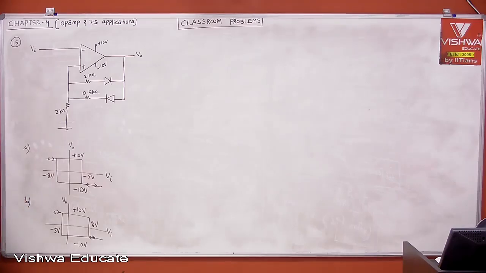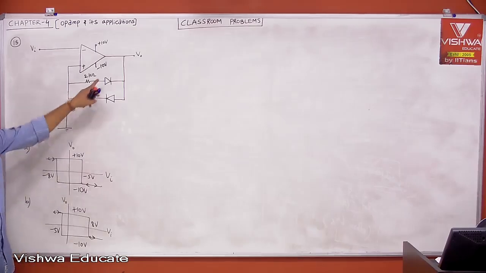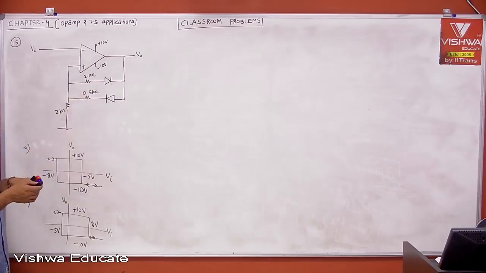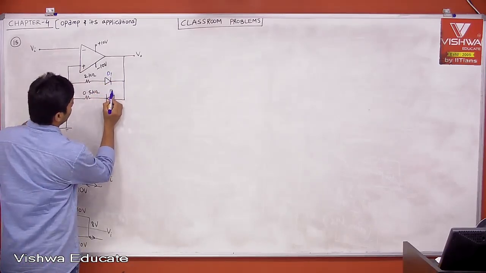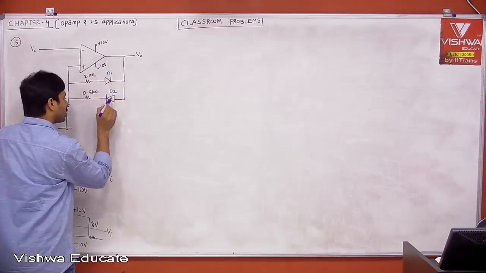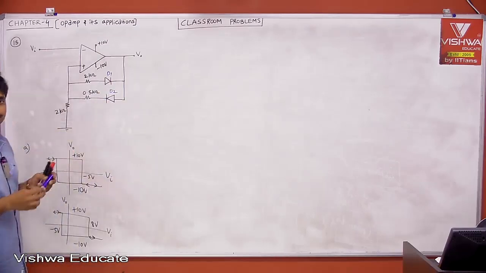Tell me, is it a negative feedback or positive feedback or open loop? That depends on the diodes, right? We don't know, right? Let us say this is diode D1 and diode D2. Definitely one of the diodes will be conducting, no doubt about it.